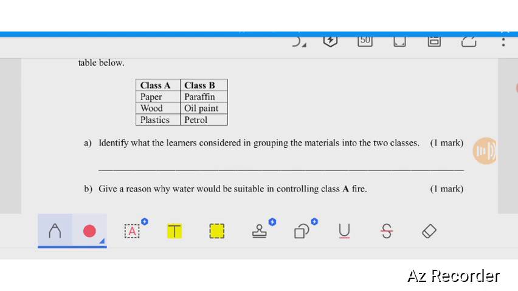Class A contains paper, wood, and plastic according to how learners classified. So these are just combustible solids.